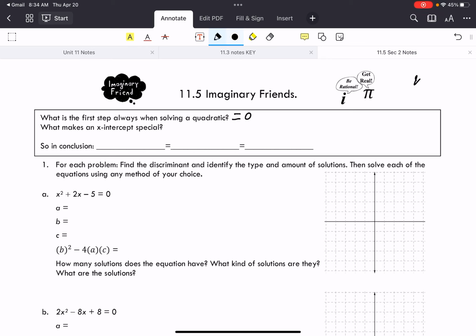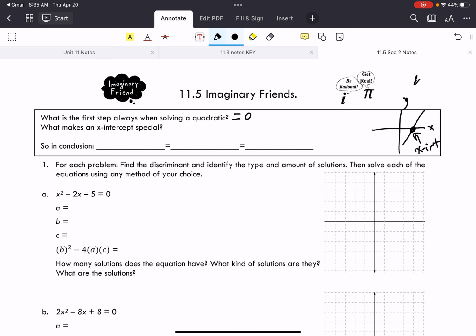Now I want you to think about on a graph, what makes an x-intercept special? Or what makes an x-intercept an x-intercept? An x-intercept is one that crosses the x-axis, right? So if this were a graph, this would be my x-intercept. What makes that an x-intercept?